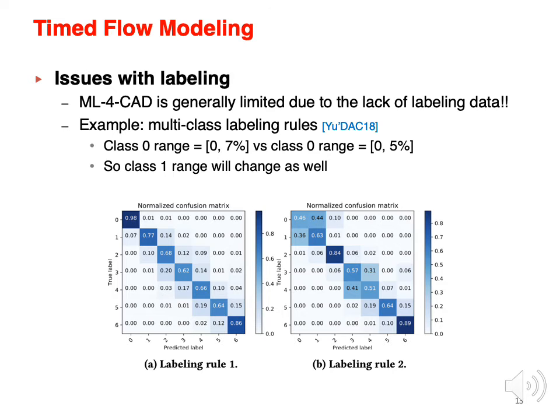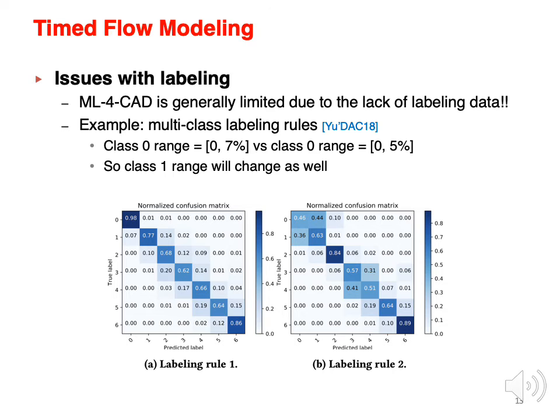However, since the labels are customized and the labeling rules are defined by the users, this could decrease the quality of the dataset. For example, we tested 2 different labeling rules where we only change the labeling rules for the best QoR flow class, which is class 0. And the model performance changed dramatically.